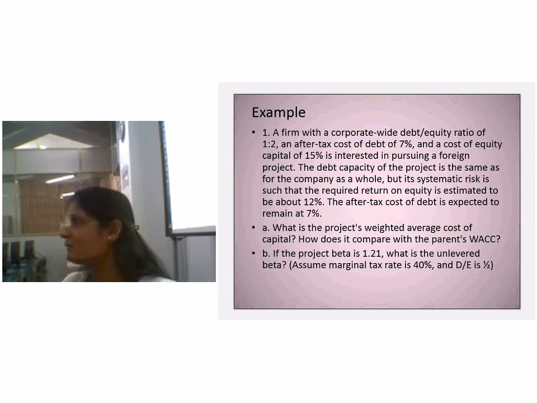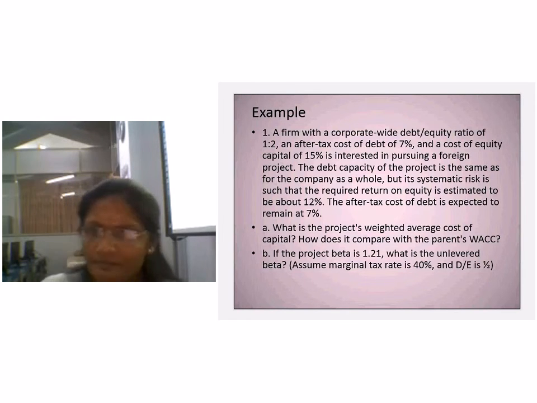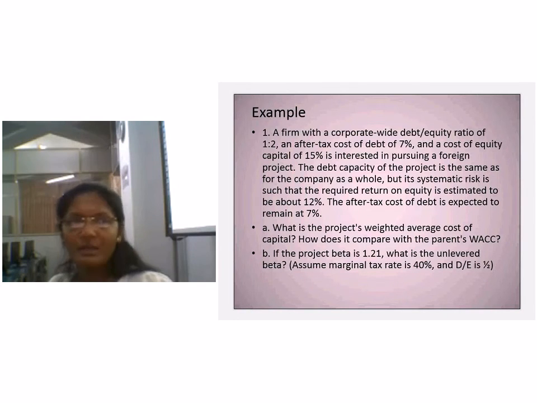What is this? This is an application of the Hamada equation. Can you remember we discussed that equation? When you have levered beta, using the debt to equity ratio and marginal tax rate, we can convert it into unlevered beta. When you have unlevered beta, using the same details, we can convert it to levered beta, right?